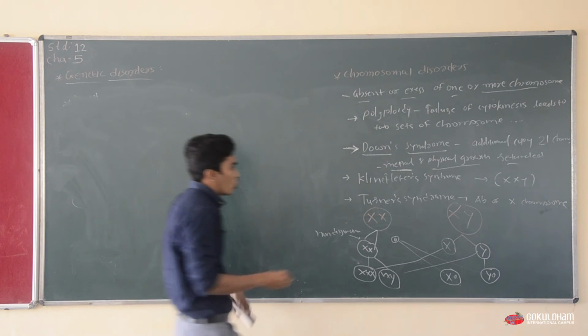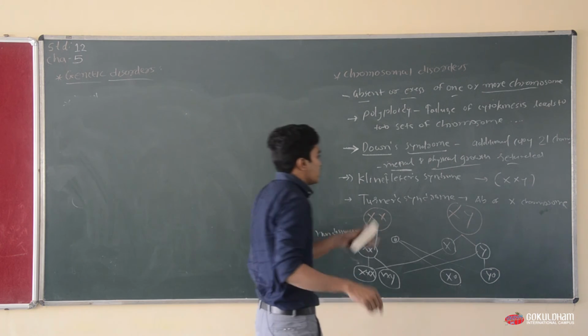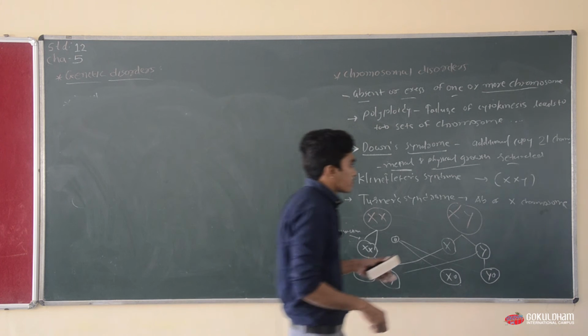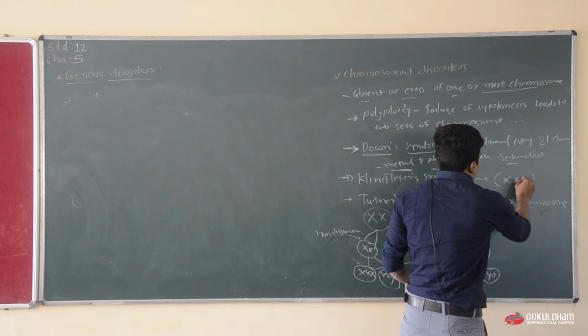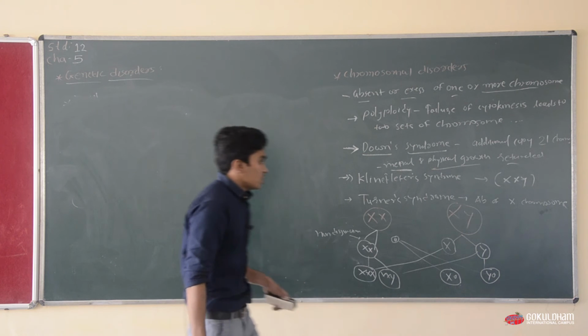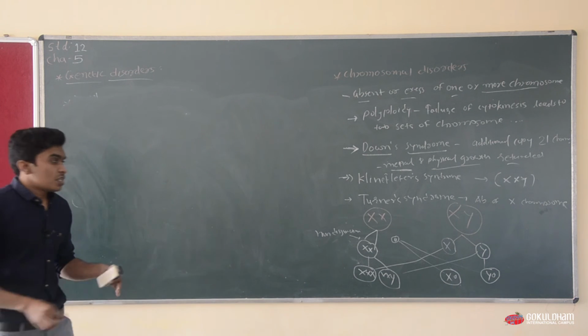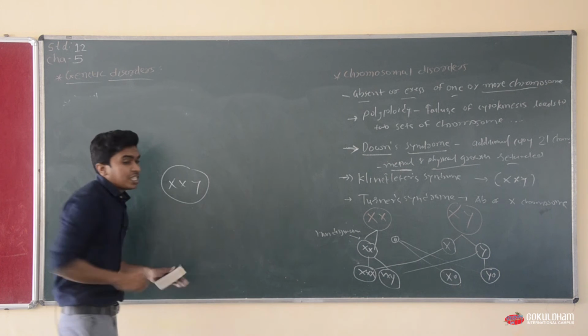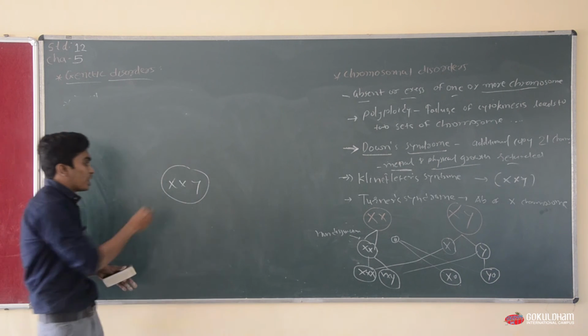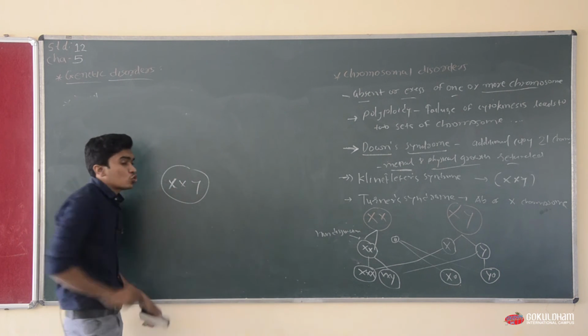The next disorder is Klinefelter syndrome, in which one extra X chromosome is present in a male. This individual is male, but has one extra X chromosome.